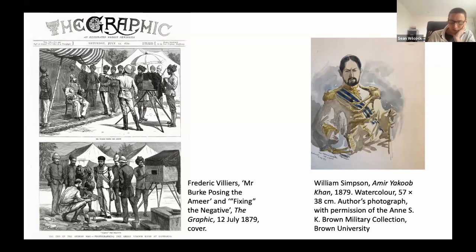So today we tend to think of photography in terms of instantaneity, in terms of immediacy, as a snapshot. But that was really a later 19th century innovation. For early photographers, it was a complex and lengthy chemical process.